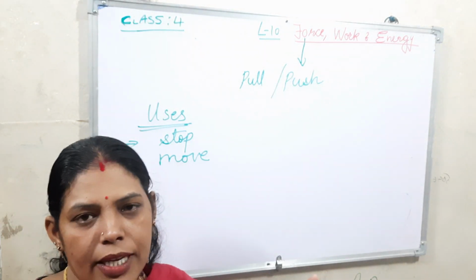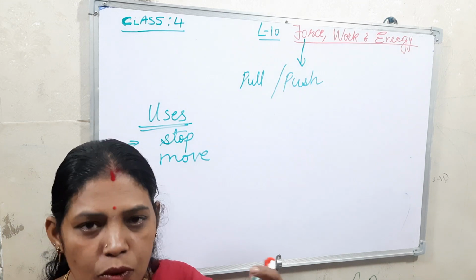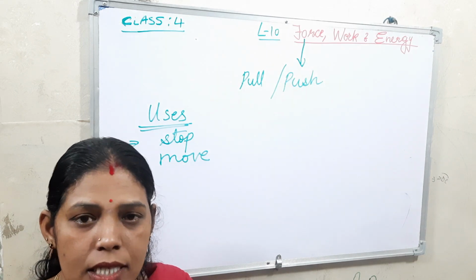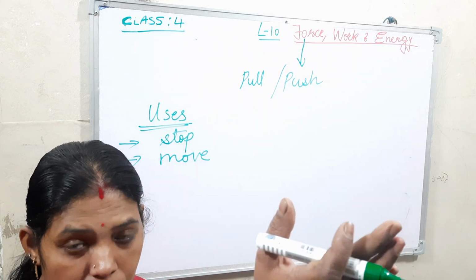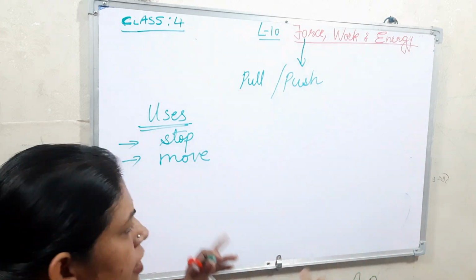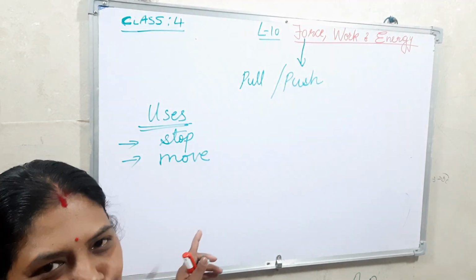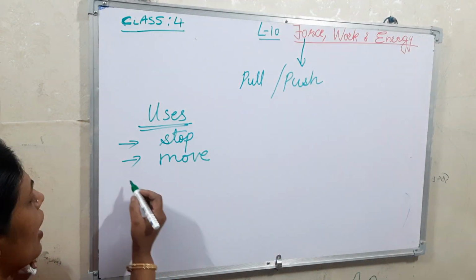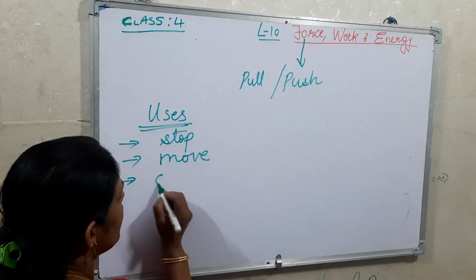In the same game, when you are kicking the ball, or if you are playing cricket and you bat, when you strike the ball with the bat and it moves forward, it means you are applying force. So it helps to move the object. Understood?